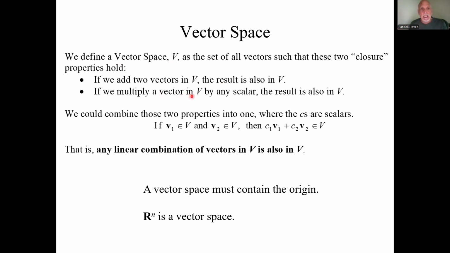If we multiply any vector in that set V by any scalar, and the result is also in that set, that space, then that's a test. And if it passes both tests, it is a vector space.